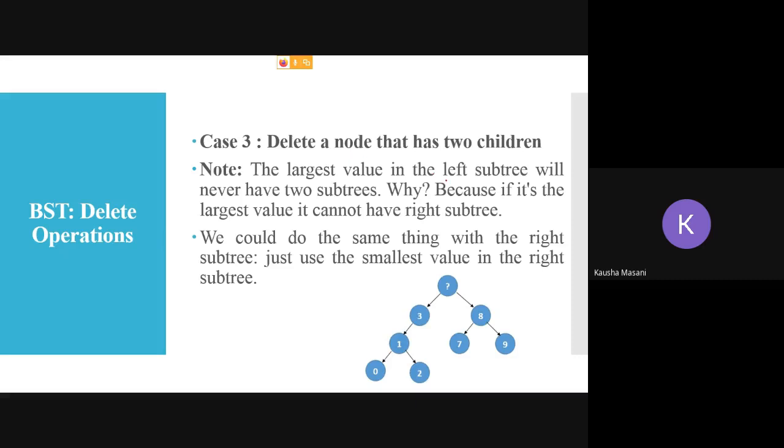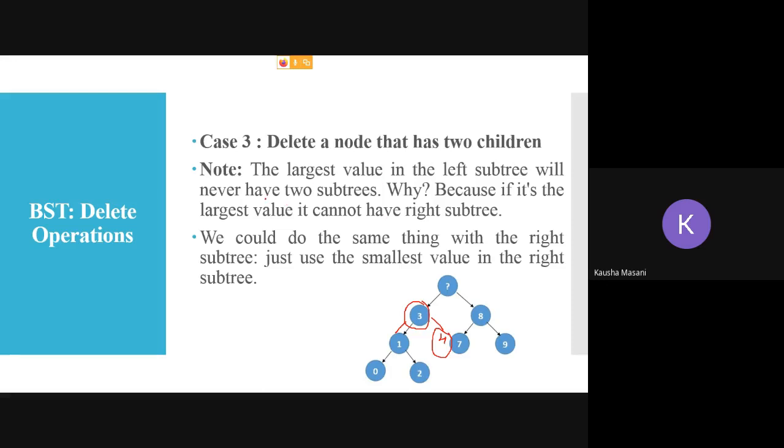See, the largest value in the left subtree, which is that 3, will never have 2 subtrees. It is only having one left subtree. It is not having any right subtree. If it had a right subtree, suppose there was a number 4 here, then 3 would never be the replacement, because now the largest value on the left side is 4. So that is what the statement is telling you.